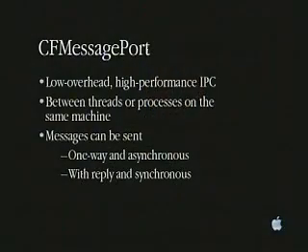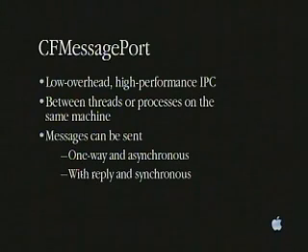Now, I talked about raw Mach messages. They have a lot of advantages. They're the fundamental low-level local IPC mechanism in macOS 10, and they're very powerful and high performance, and they have a lot of flexibility, but they can be difficult and tricky to use.